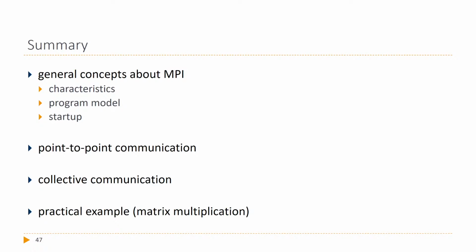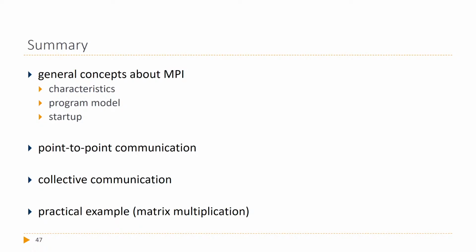Okay, a summary about today's lecture. We discussed the general concepts of MPI, its main characteristics, what the programming model looks like, that it's distributed memory and not shared memory, that it's different process images and data, and you cannot just access data without communicating, and a very little piece on MPI startup, which is everything we're going to hear in this semester.